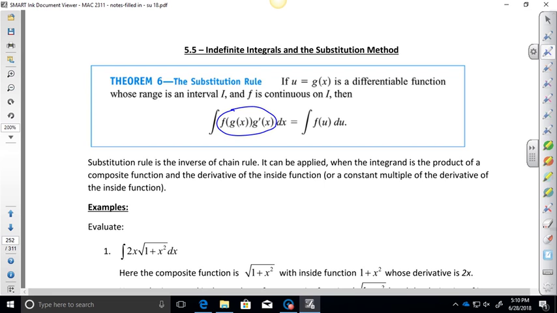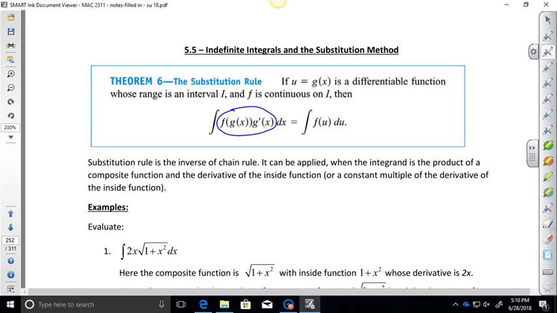When I look at that problem, you can see a composite function times the derivative of the inside function. We're good, so we can use substitution. We take u as 4x, which is the inside function.